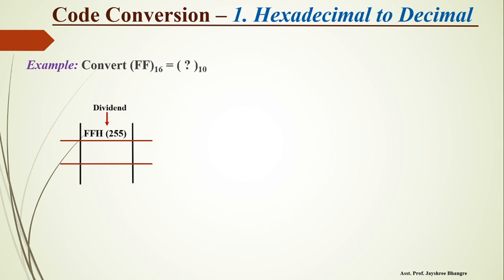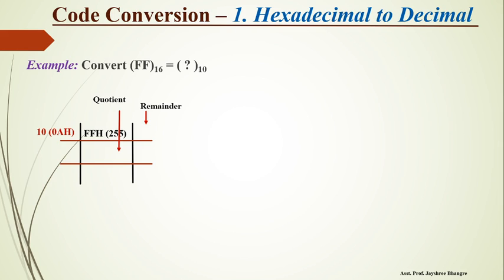It is represented in decimal as 255. In the leftmost column we are writing the divisor, that is 10, as we are converting this hex number into equivalent decimal, and in the rightmost column we are collecting the remainder, and we are collecting the quotient below this dividend.